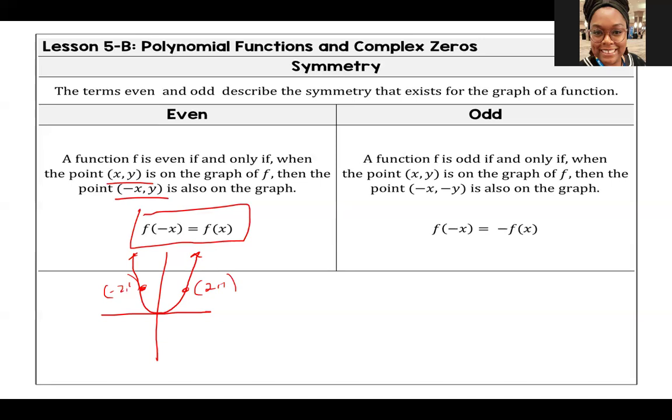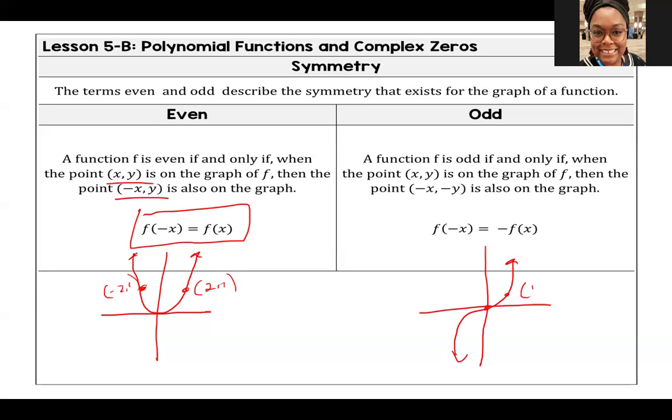All right. A function f is odd if and only if when you have (x, y), the corresponding (-x, -y) is also part of the function. Okay. So when we are looking here, we have this cubic function. It's going to go through the origin.